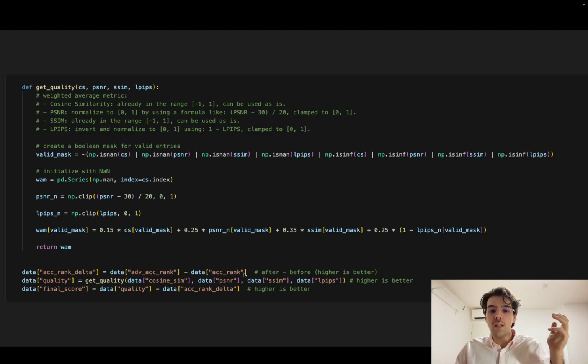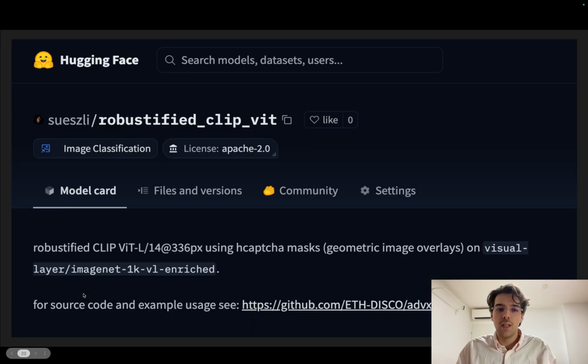In the best case scenario, we would like to have datasets that look the same, but are a lot more aggressive. So the structural similarity should be the same. It shouldn't be any harder for humans, but a lot harder for machines. This is what we're measuring in the final score.